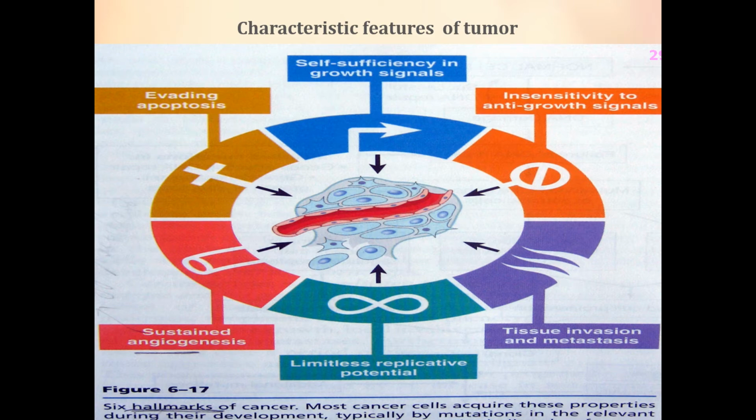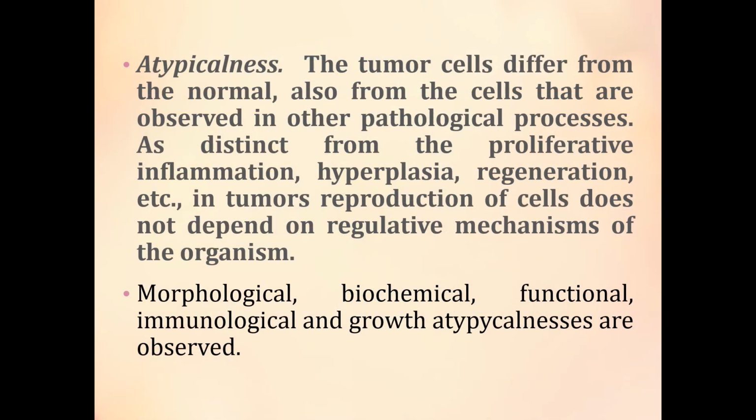Atypicalness. Because of the several mutations which happen in the tumoral cells, the neoplastic cells, they possess new features and properties. This is called atypicalness. The characteristic feature of a transformed cell is its atypicalness.